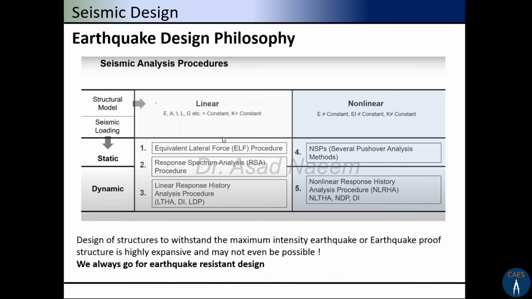If you design a model by default in any software like Perform 3D, SAP, ETABS, or STAAD Pro, the structure is linear by default. You have to provide the non-linear properties to the building structure.